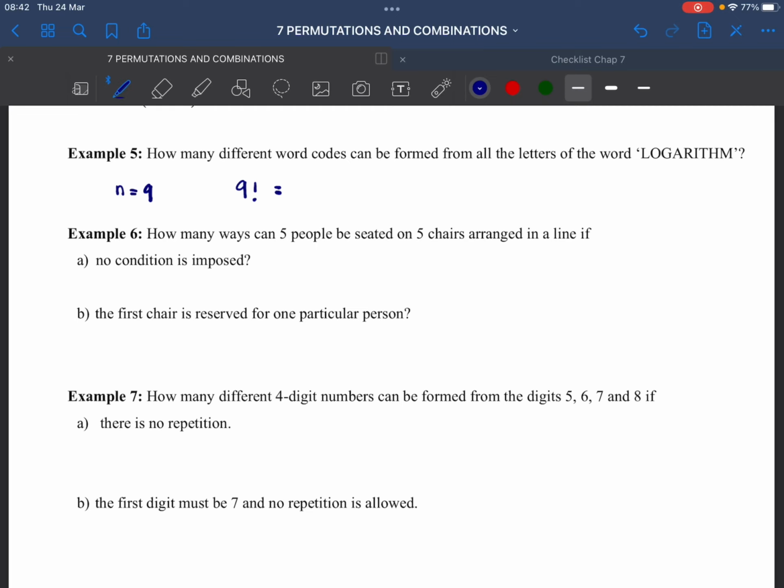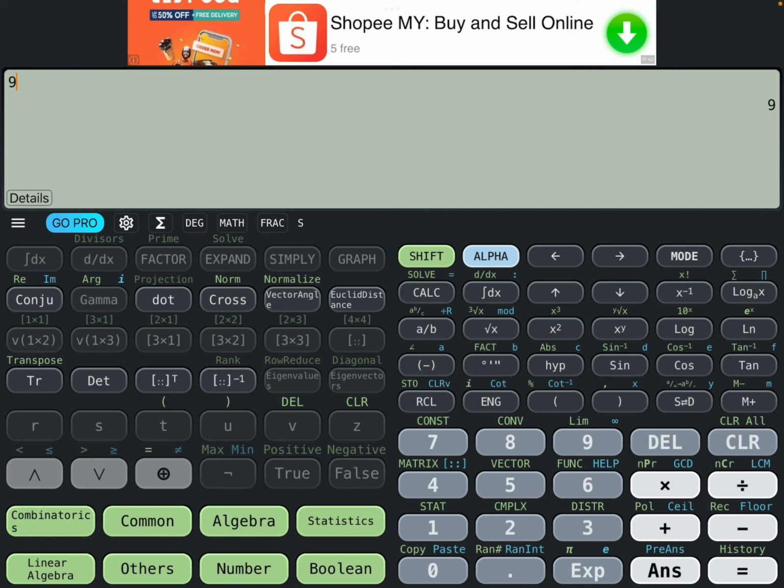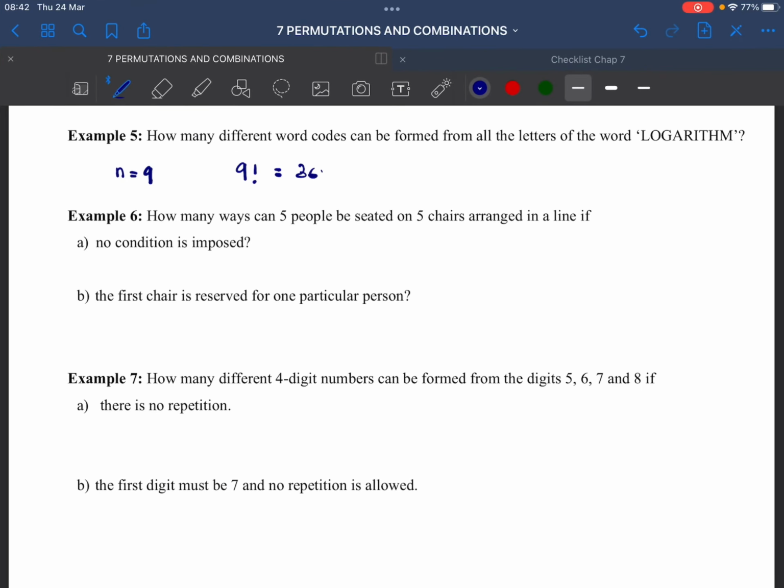Kalau kita tekan calculator dekat sini, kita tekan 9, tekan shift, ini you are going to get 362880. Dia sama juga dengan 9P9.